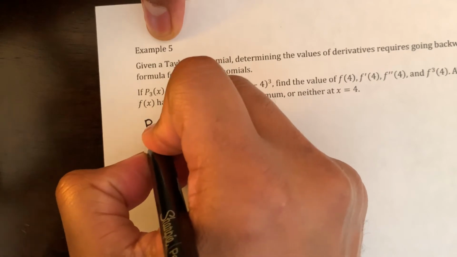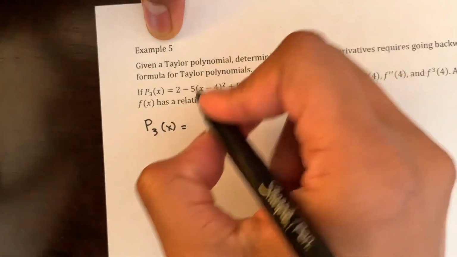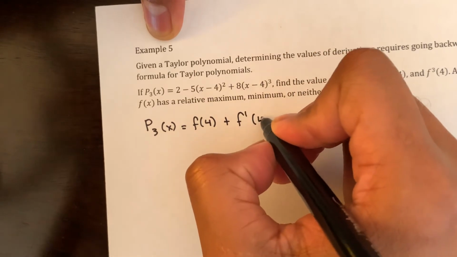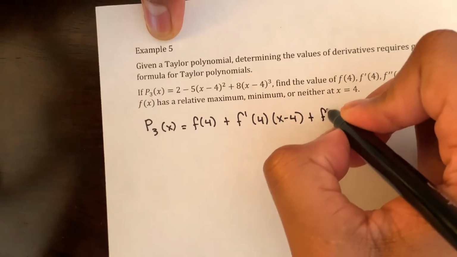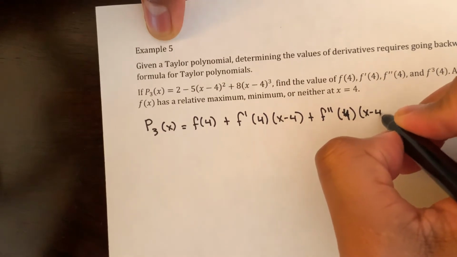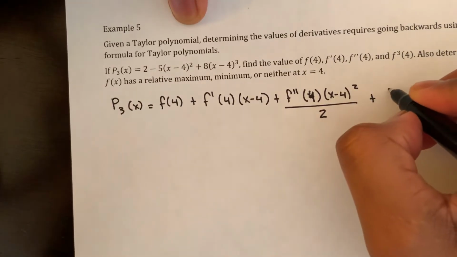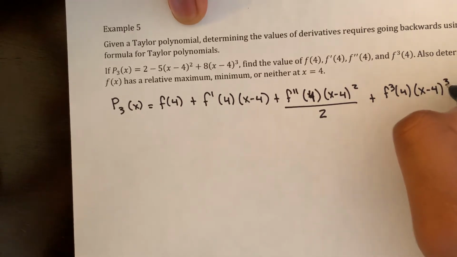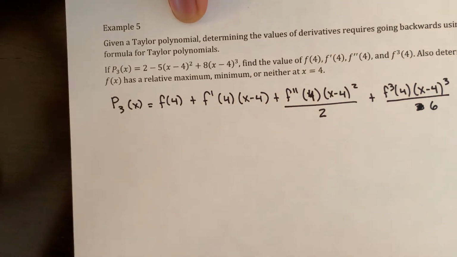So generally speaking, P3 of x, centered at 4, is going to be f of 4 plus f prime of 4 times x minus 4, plus f double prime evaluated at 4 times x minus 4 squared over 2 factorial, which is 2, plus the third derivative at 4 times x minus 4 cubed, and all of that needs to be divided by 3 factorial, which is 6.